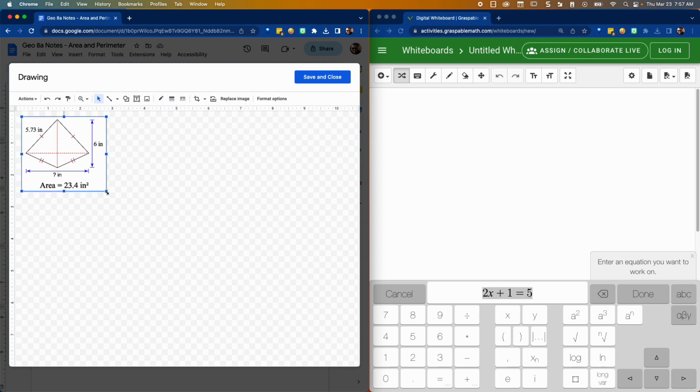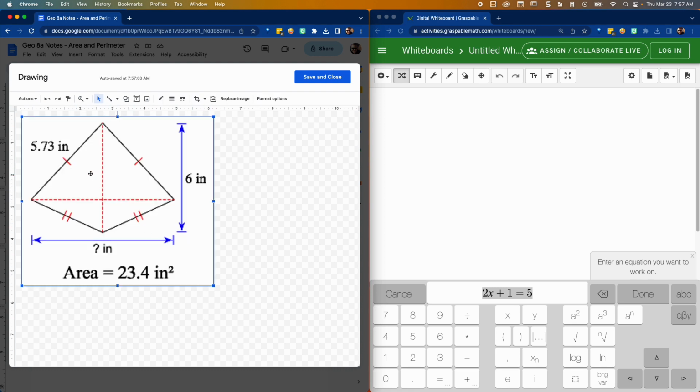This is a kite. Now, when I look at this kite, I notice that it kind of has this folding symmetry here. I also notice that I can cut some pieces off and turn it into a box. So let's figure out what we can do with that.